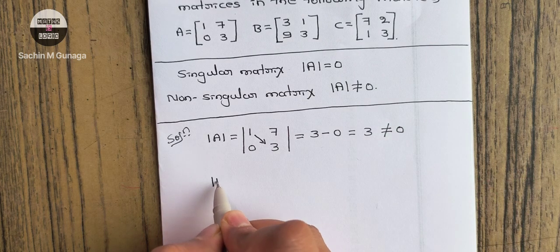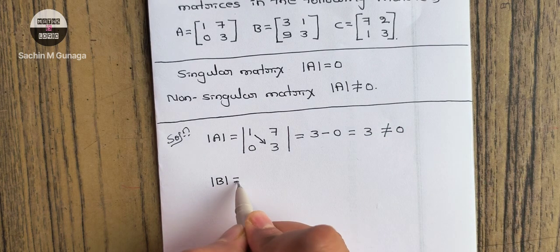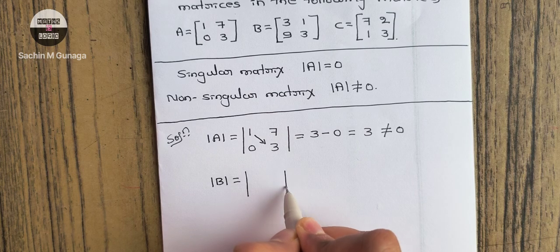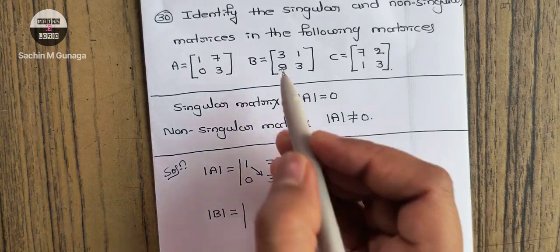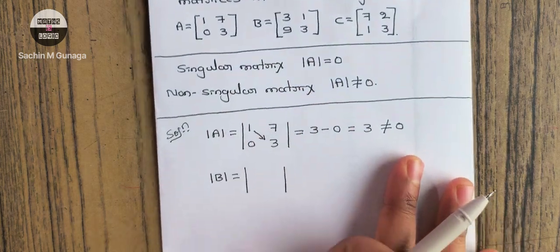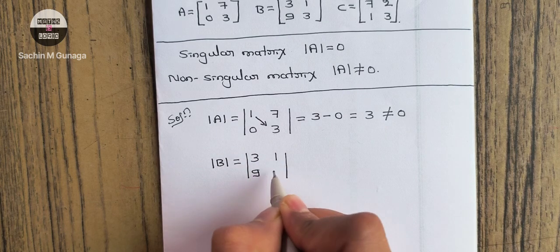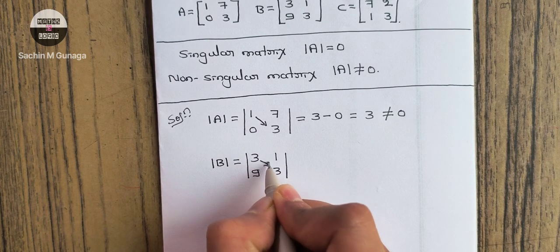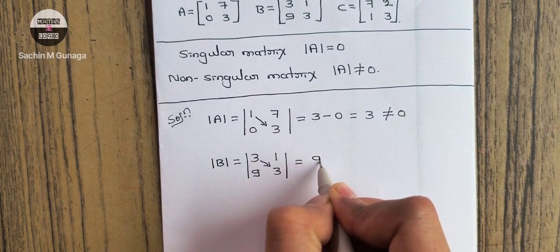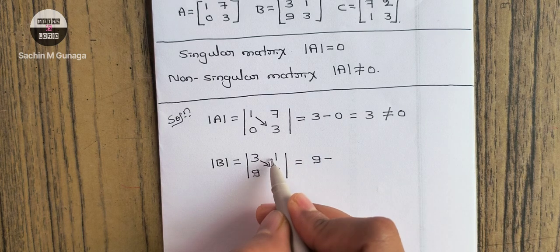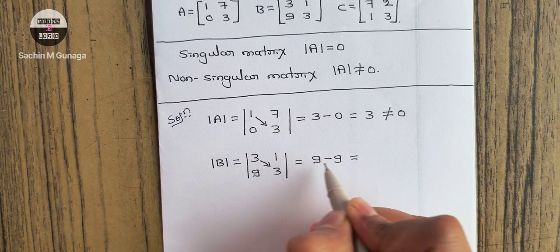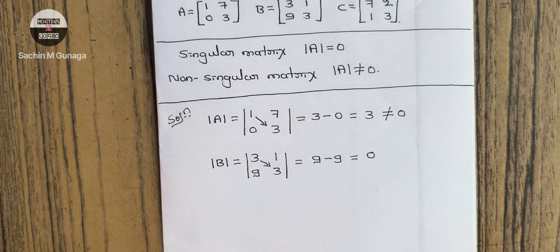Next, the determinant of B. B is [3 1; 9 3]. Again cross multiplication, 3 into 3 is 9, middle minus sign, 9 into 1 is 9. So 9 minus 9 is 0.